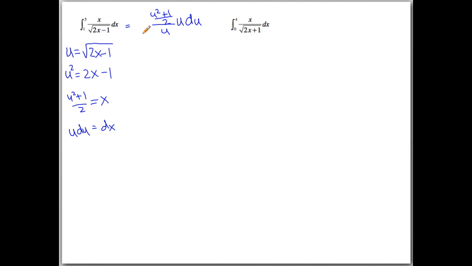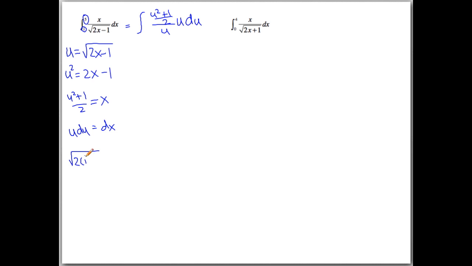Now next, just to complete this u substitution and change of variables, we need to rewrite our limits of integration. Instead of from 1 to 5, it's going to be u evaluated at 1 to u evaluated at 5. So we're going to plug 1 in here.